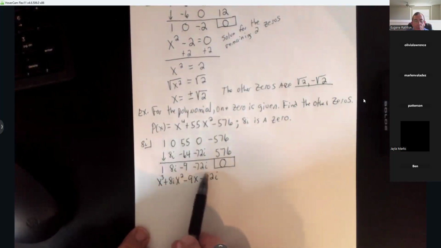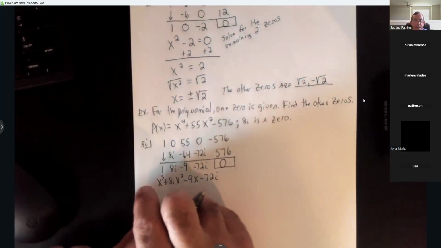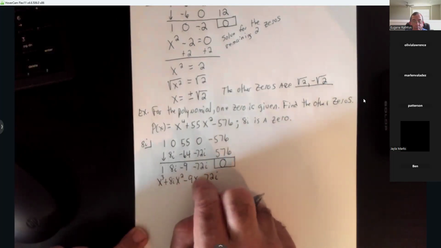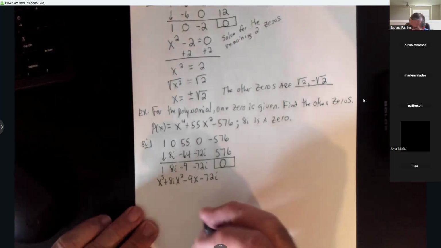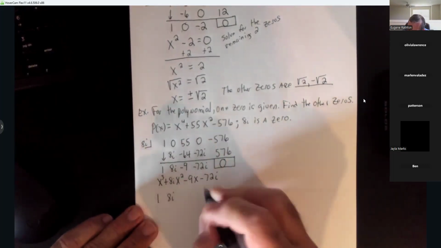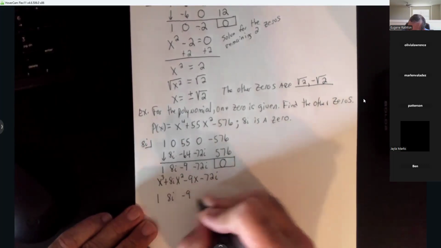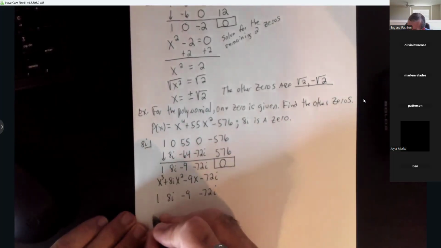So you still got 4 numbers. It's not quadratic yet. So we're going to use these 4 numbers and do the synthetic division again, okay? So I got a 1, 8i, negative 9, negative 72i.